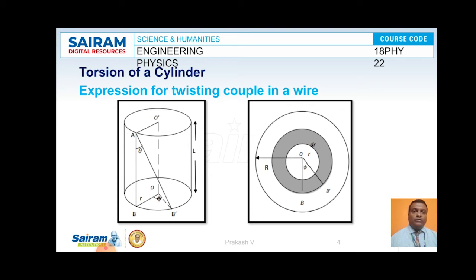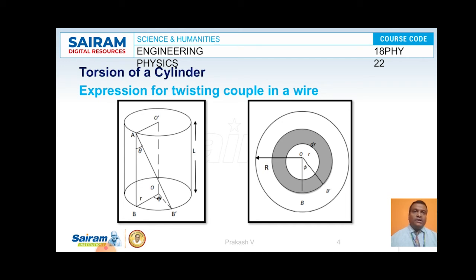Here the length OB is equal to R and the length AB is equal to L. The angle BAB dash is equal to theta, and the length of the arc BB dash can be written as L into theta, or it can also be written as small r into phi.